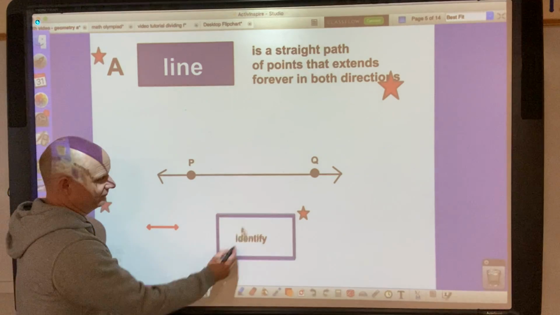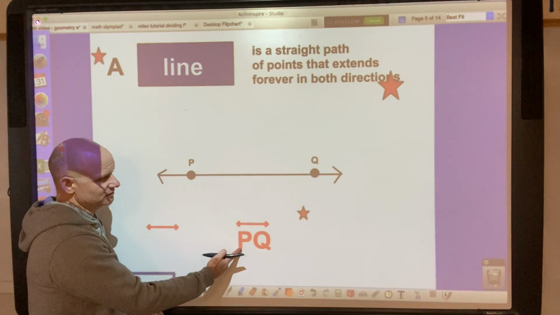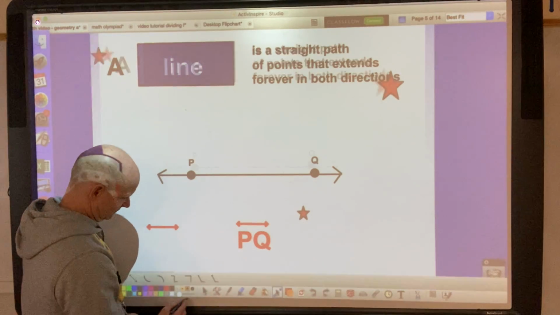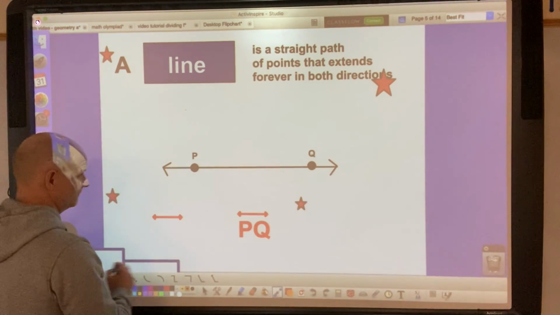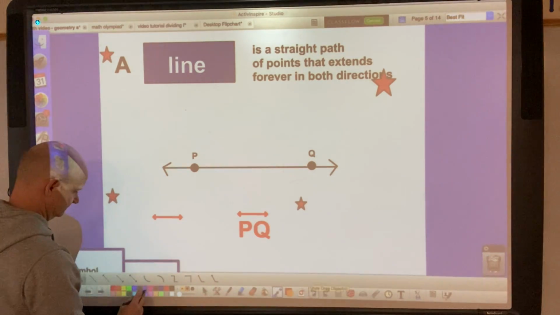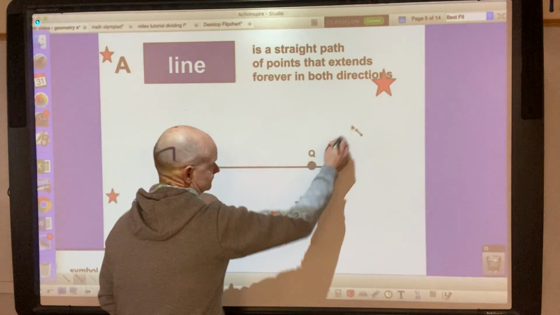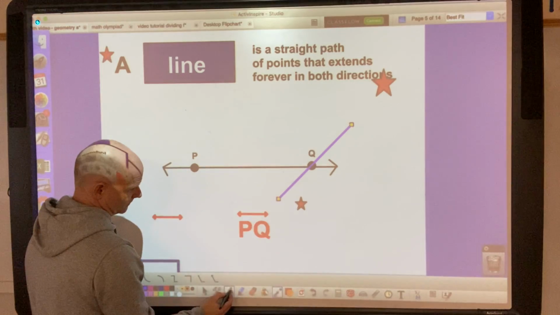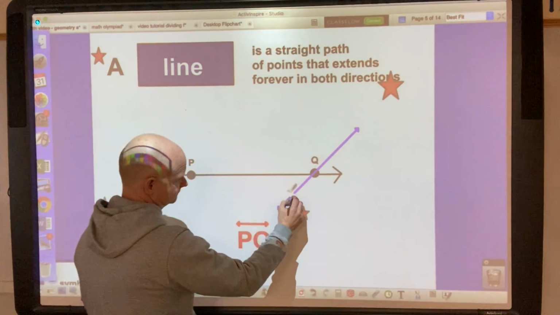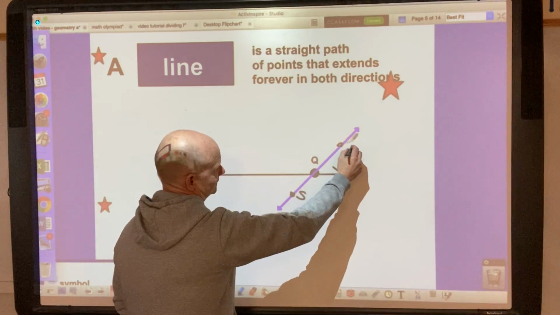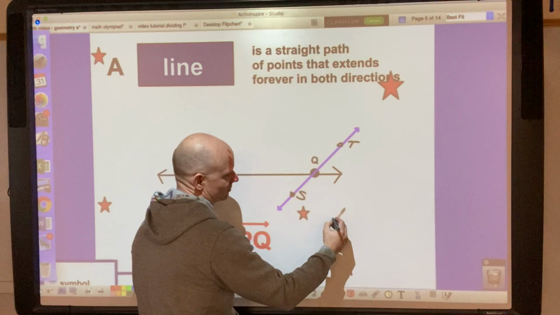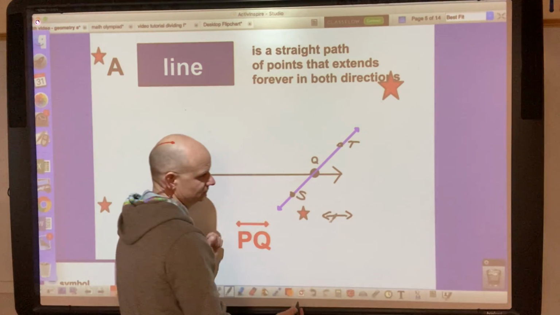And then how do you identify? You use the symbol and then 2 points. If I have another line right here, with point S and point T, if I want to identify that line, I could call it line ST, see the symbol?